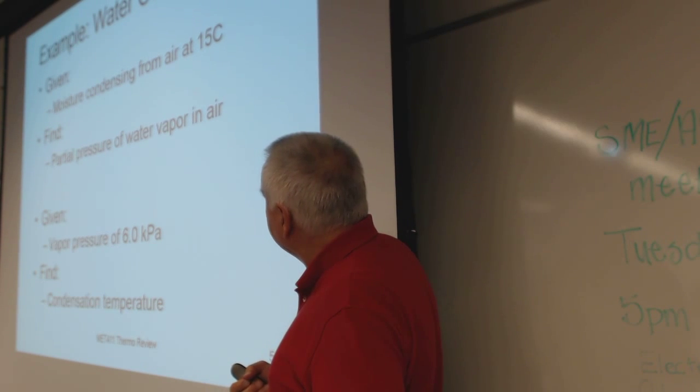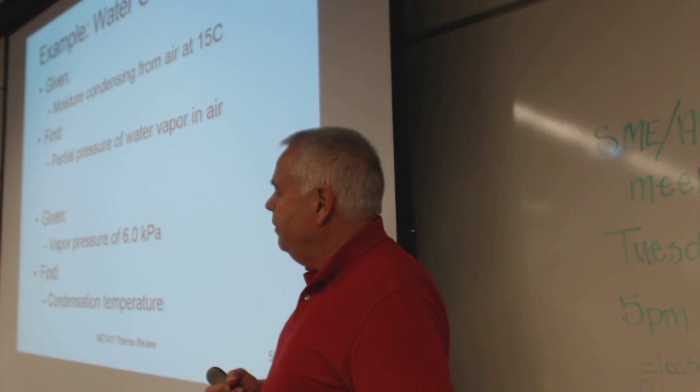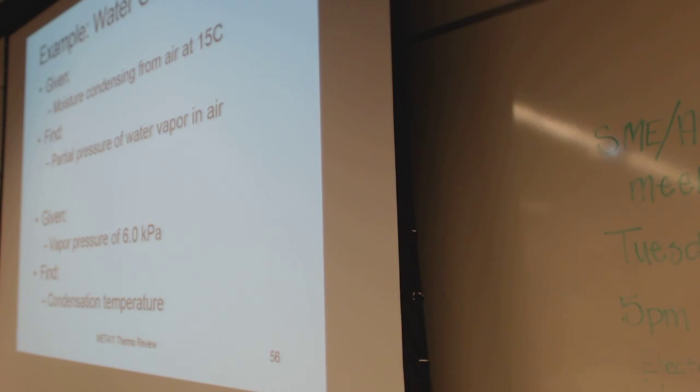So we've got moisture condensing from air at 15 degrees C. Got a partial pressure. I want to find out what that partial pressure is. We can do that with the formula, actually.